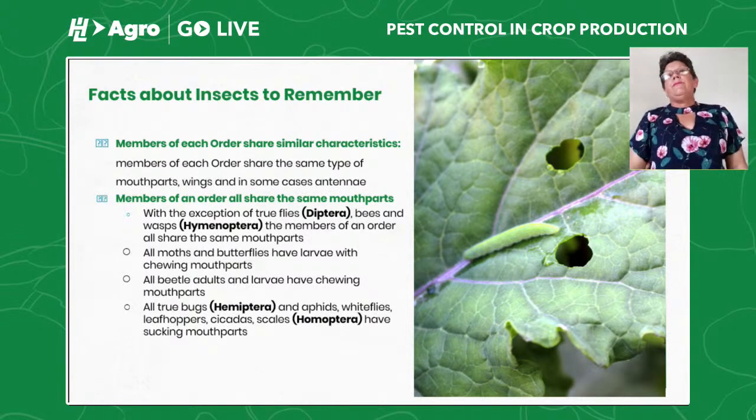All true bugs, which are order Hemiptera, and all aphids, whiteflies, leafhoppers, cicadas, and scales, which are Homoptera, have sucking mouth parts. Within those orders, there is no variation. All of them have sucking mouth parts.